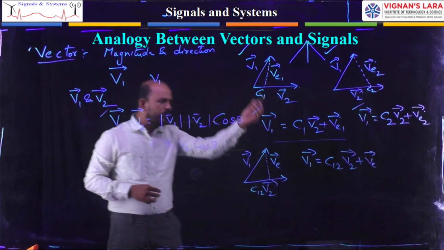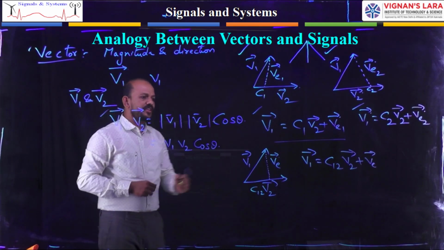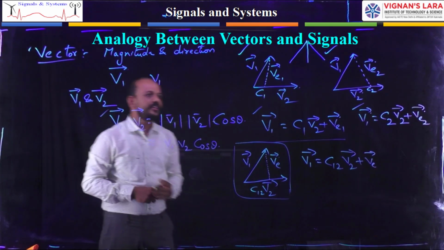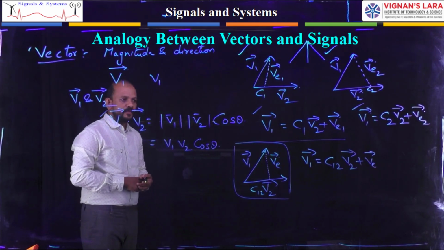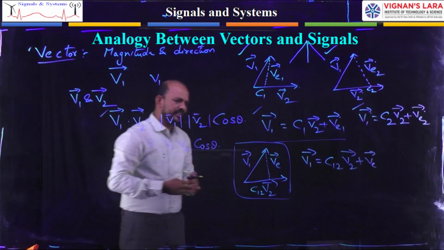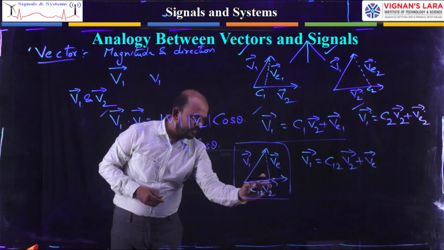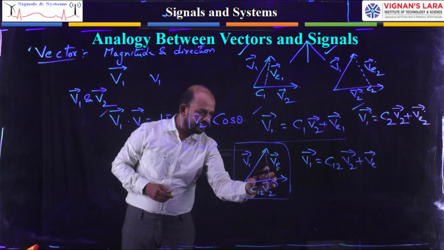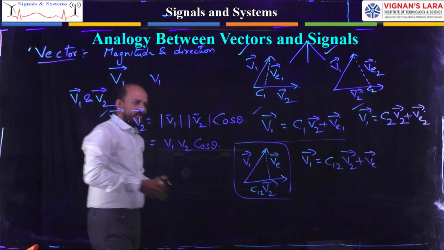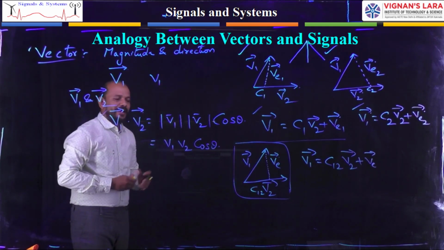Out of these three ways, the best suited way is this one, because in this case the error is minimum. If you want to represent V1 in terms of V2 exactly, the error would be 0, meaning V1 comes onto V2. We perfectly represent one vector in terms of another when there is no error, but practically that is not possible.